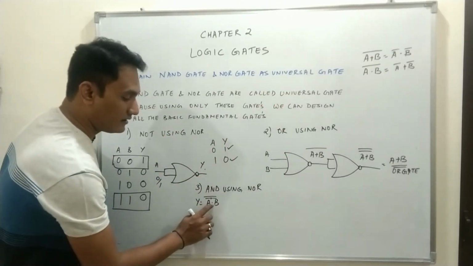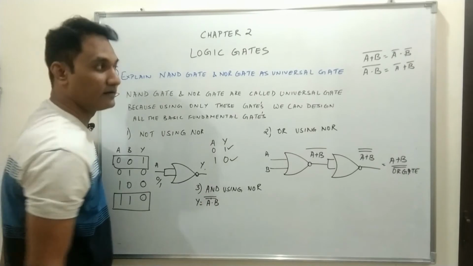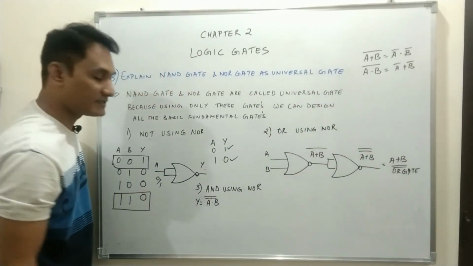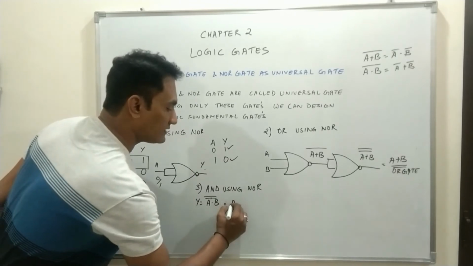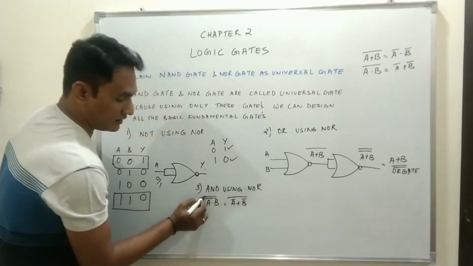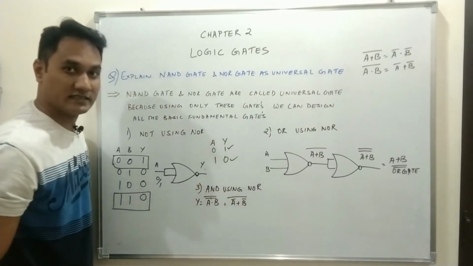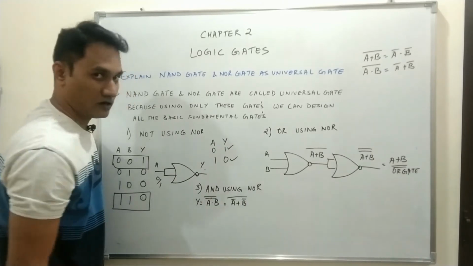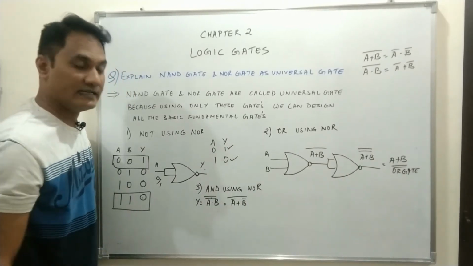So what will A dot B whole bar be when it is split? It will be A bar plus B bar. So what you get is A bar plus B bar, and the upper complement will remain as it is. Now we have converted the same equation into NOR logic, so it can be very easily designed.